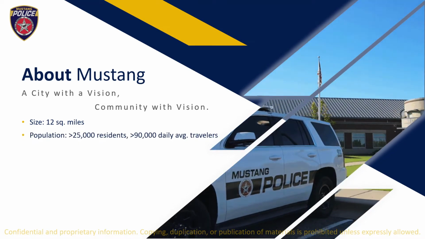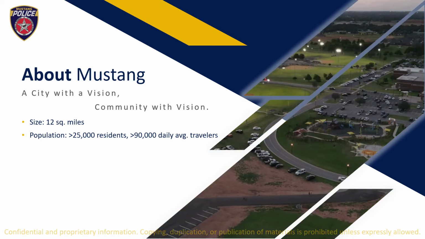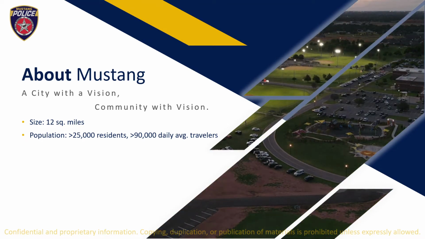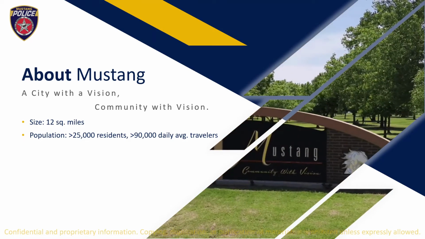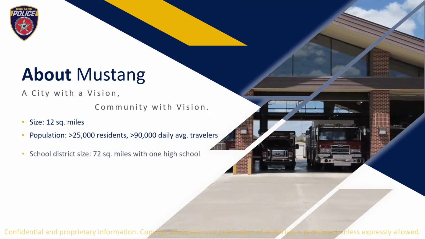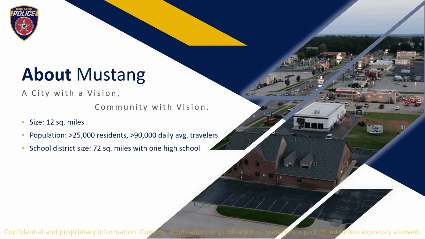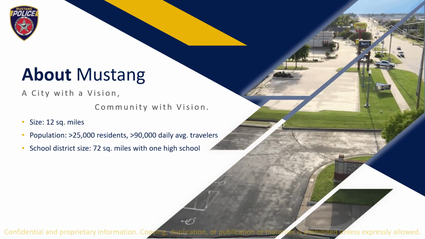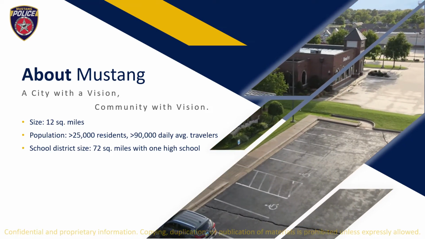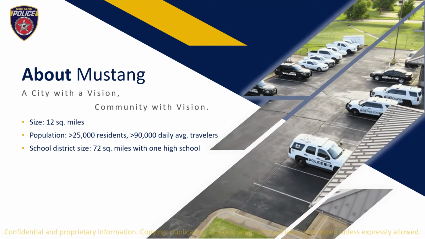Our population is right around 25,000 or more, but our daily travelers, that's where we really get it. 90,000 or more, easy. We're in between turnpikes. We have 4 interconnecting highways. We have a school district that's 72 square miles with 1 high school within our central population. So everyone that's within Oklahoma City around us constantly comes here. So that's where we get our traffic flow.